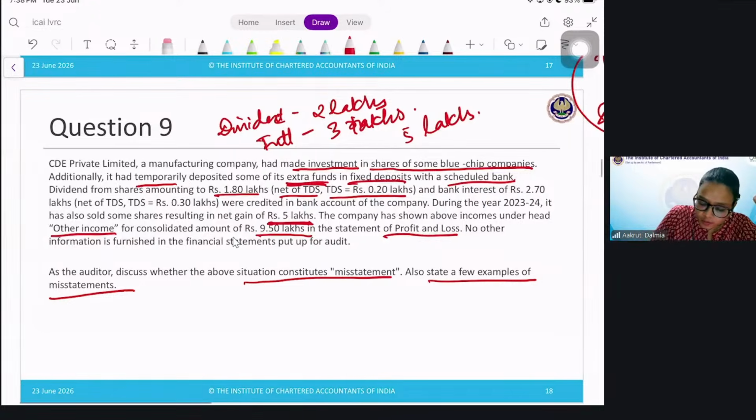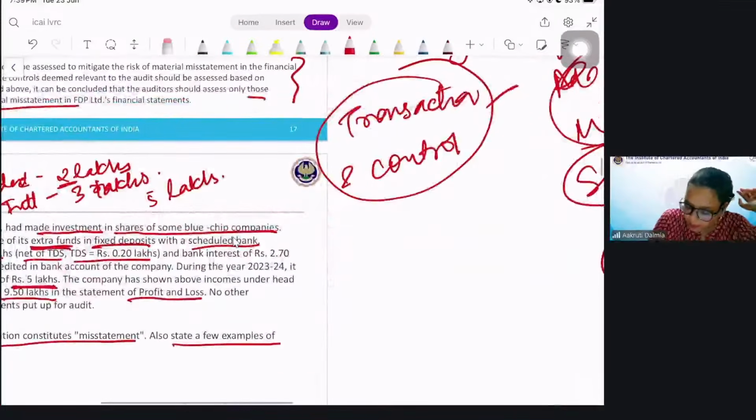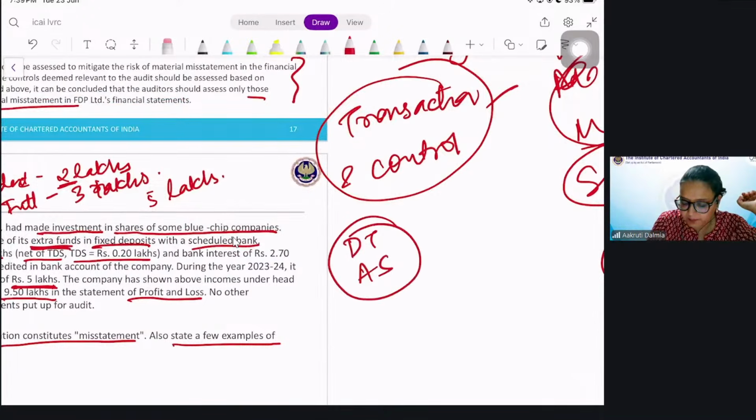It should be the gross amount or the net amount. Here you have to remember your DT, AS. This knowledge is being applied here. This is a fully application-based question with some theory. Theory is also there from the book, but to be able to reach that theory, you need to understand and analyze.